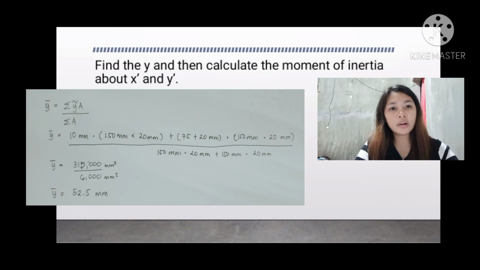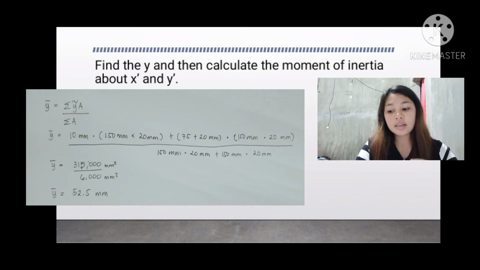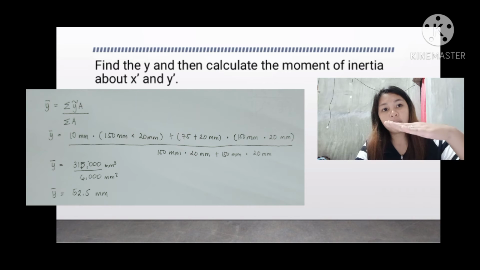The second rectangle has 75 millimeters plus 20 millimeters times the total height of 150 millimeters times the 20 millimeter distance. The first rectangle is up and the second rectangle is the down part.